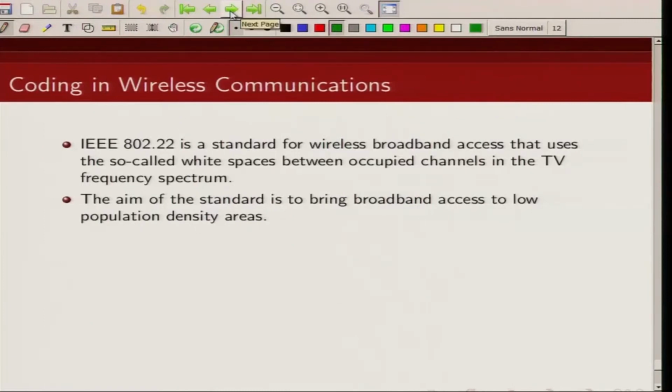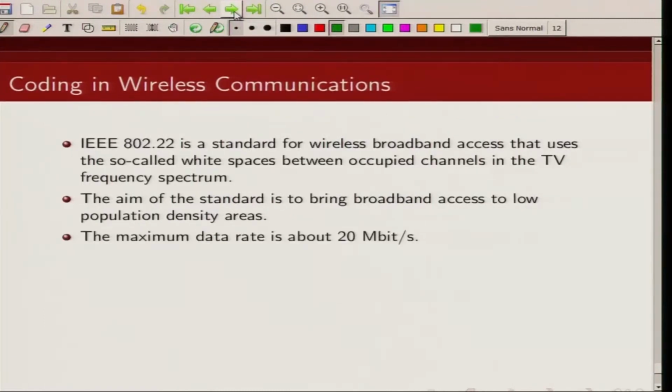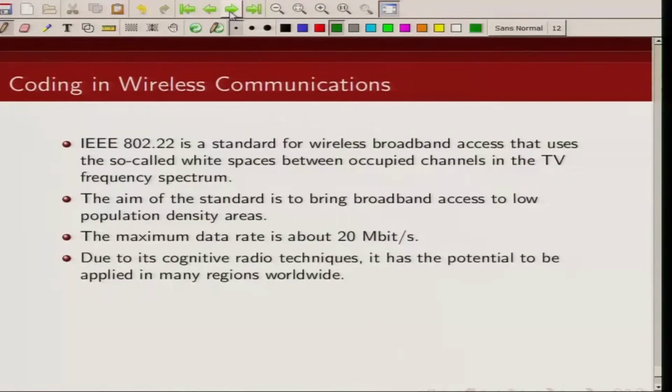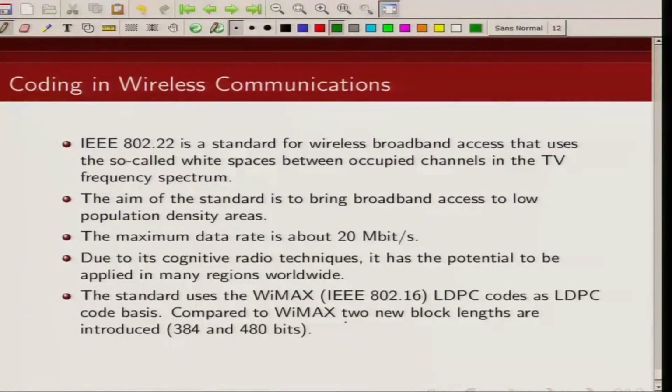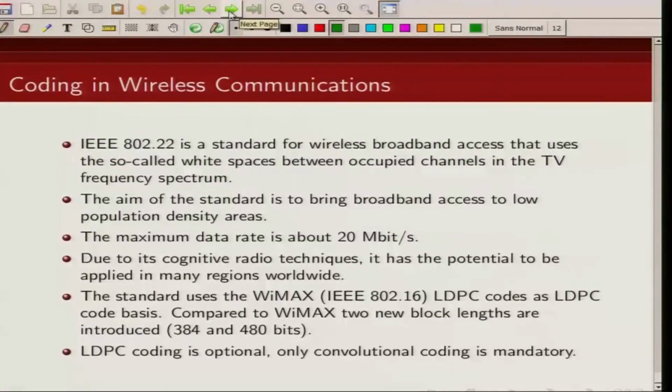Here also they have specified lots of LDPC codes, and in fact they have two new block lengths which were not there in WiMAX, one corresponding to 384 bits, another corresponding to 480 bits. So, this is another application where LDPC code is optional, convolutional code is mandatory.